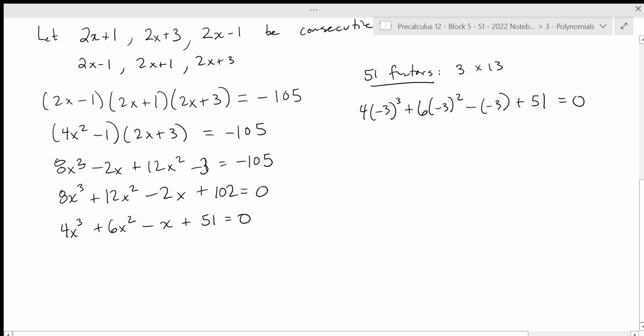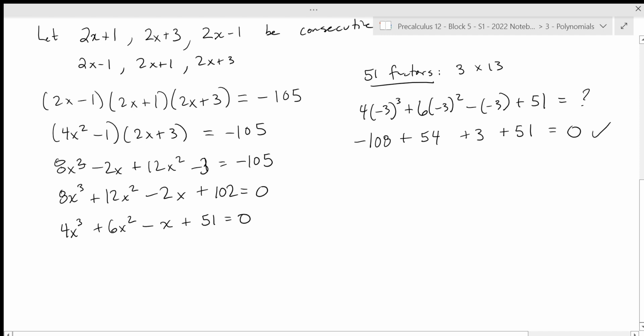So let's see, negative 3 cubed is negative 27, so 4 times negative 27 is negative 108. Plus 6 times 9 is 54, plus 3 plus 51 equals 0, and that does in fact work out, okay? So that is going to equal 0.